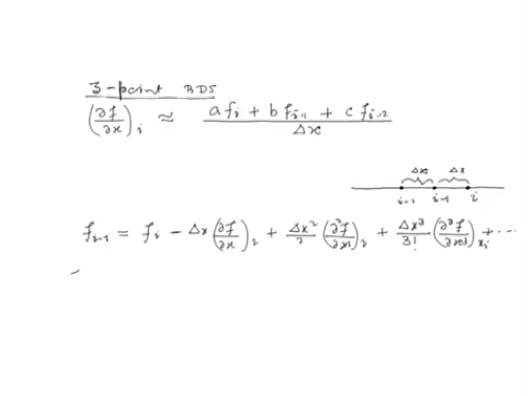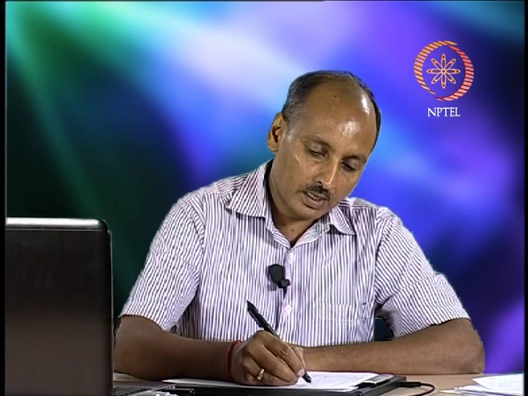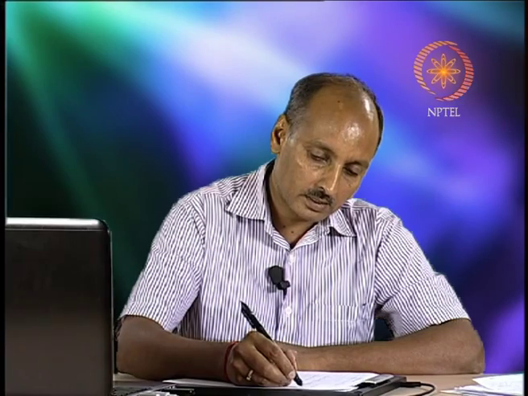Similarly, the function value at the grid point I minus 2 in terms of Taylor series can be written as f of I minus 2 delta x, because the I minus 2 node is situated at a distance of twice delta x left of point xi.